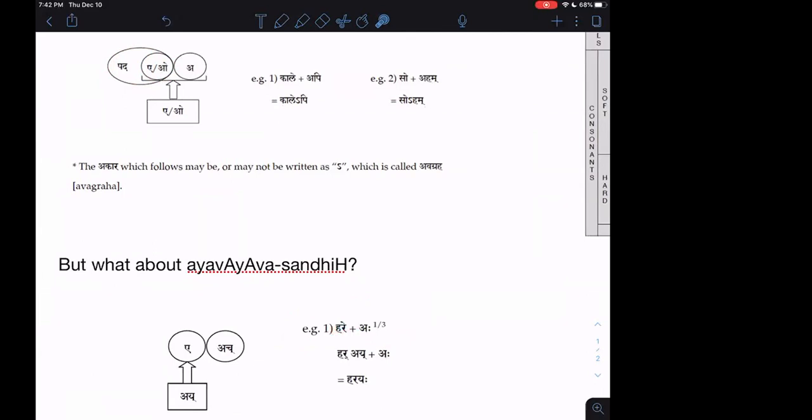So it's not at the end of the pada. Akara, aha, is the 1-3, the sup pratyayaha, the suffix added to make a nominal word, to make a noun. So that is why this rule does not apply, and I have ayava for this example.